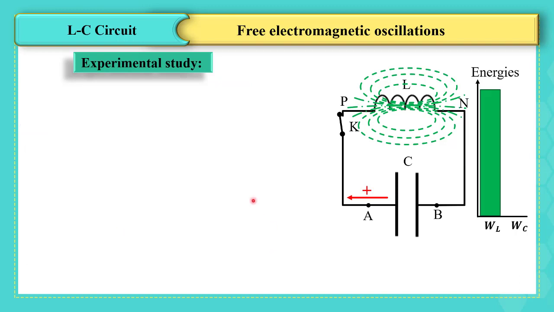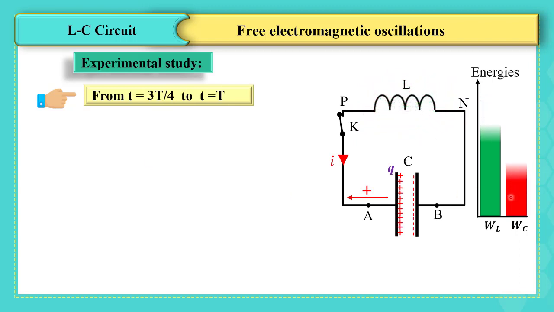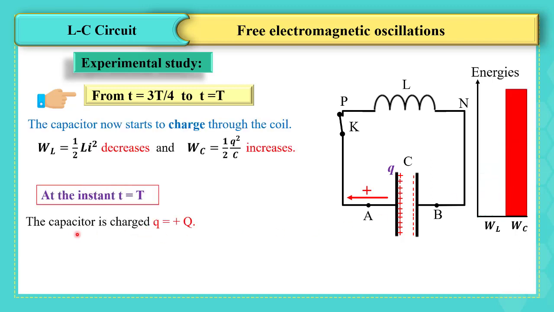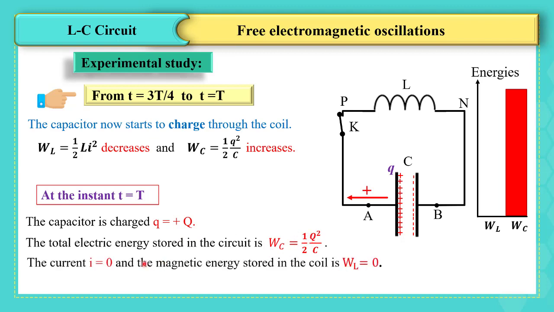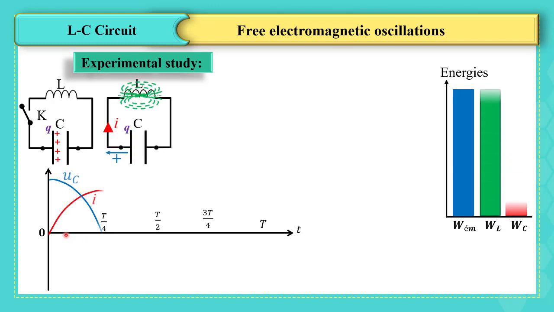In the fourth quarter, again the coil supplies energy to the capacitor, so the magnetic energy stored in the coil decreases, and at the instant t equals the period, the capacitor now is charged and its charge becomes plus Q maximum, and the total electric energy is again equal to half Q maximum squared over C. Now the current will again be 0 and the magnetic energy stored in the coil is 0. As we see, in the first quarter, UC decreases and the current increases, so electric energy is transformed into magnetic energy.